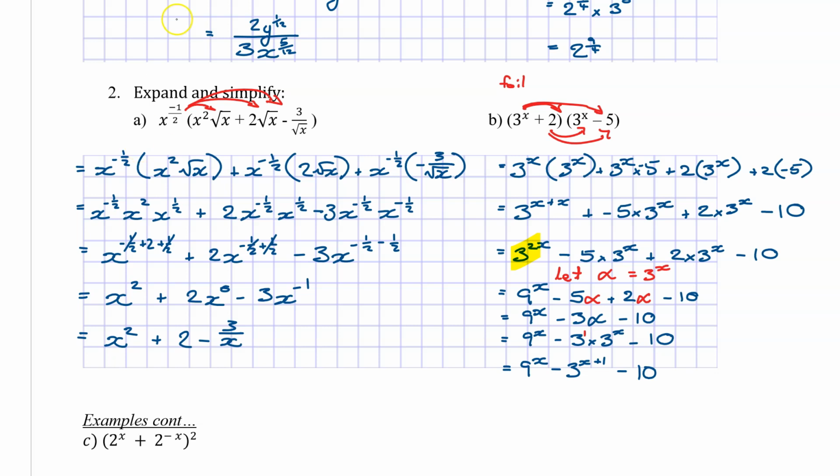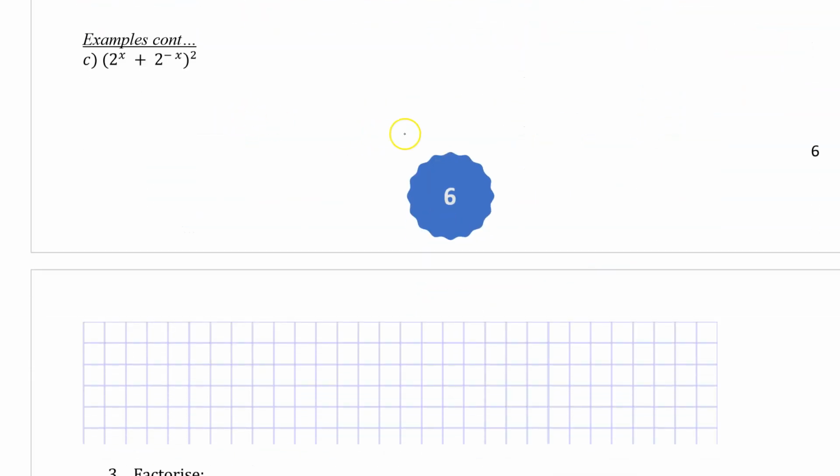Now going down, we're dealing with this guy here. So how do we deal with this? Well, remember the form a plus b all squared can be written as a squared plus 2ab plus b squared.